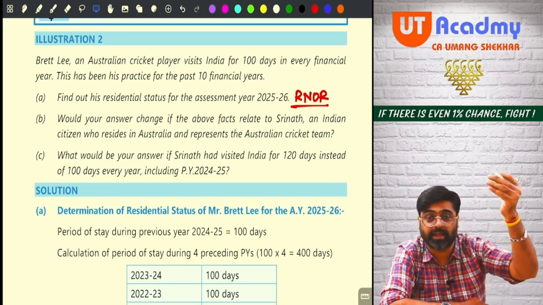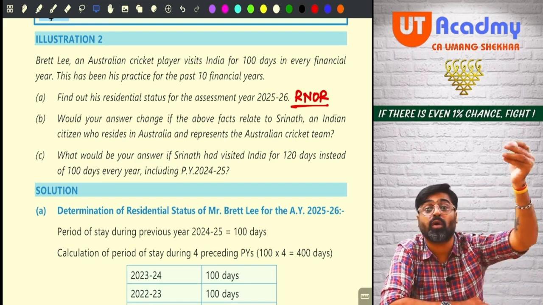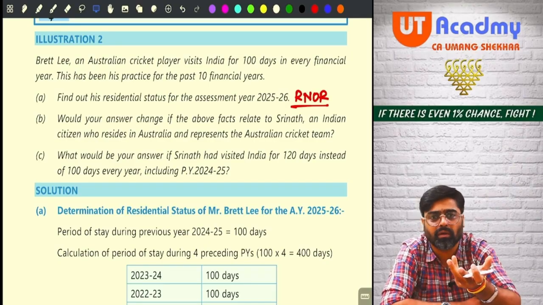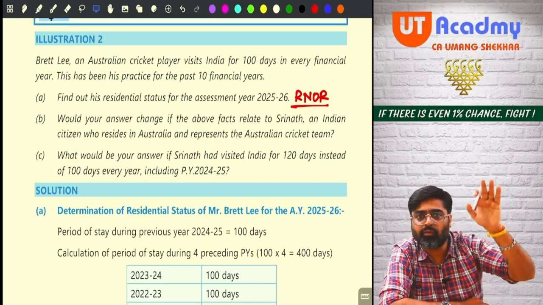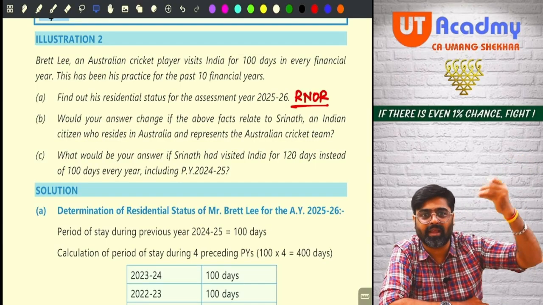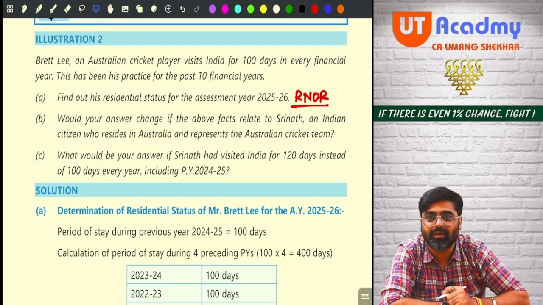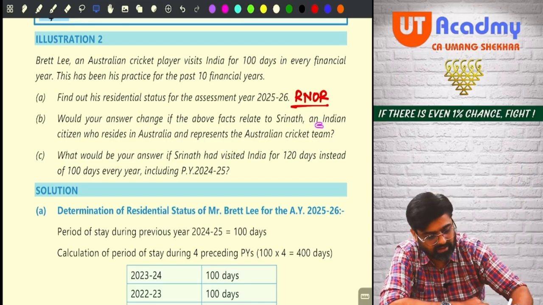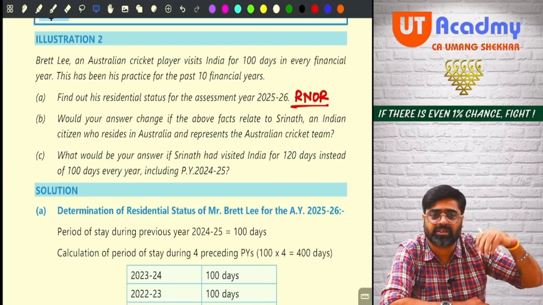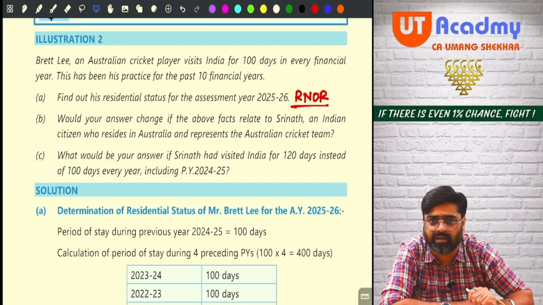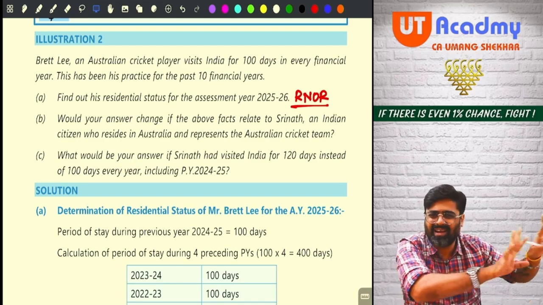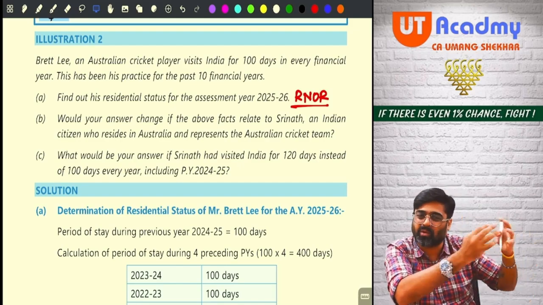He happens to stay outside India because he plays for the Australian cricket team. So what? Playing for the Australian cricket team does not make him an Australian citizen. It is clearly written that he is an Indian citizen, but he is staying in Australia playing for the Australian cricket team. Forget about all those things. Those are the things to confuse you.